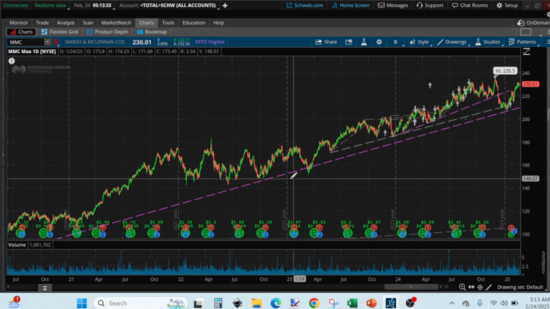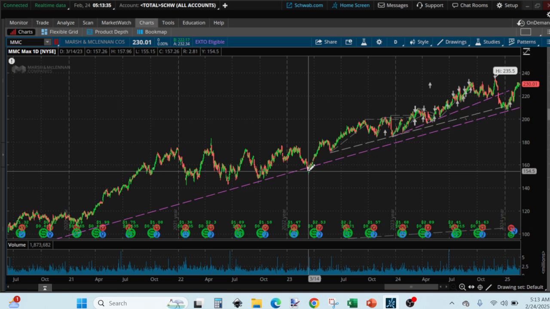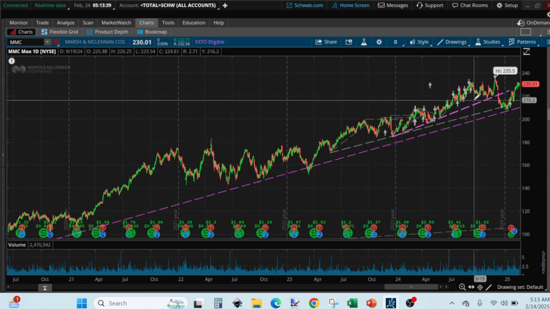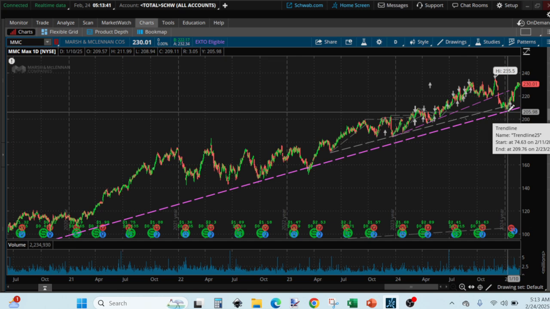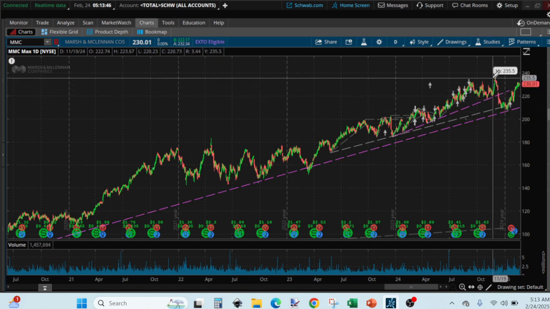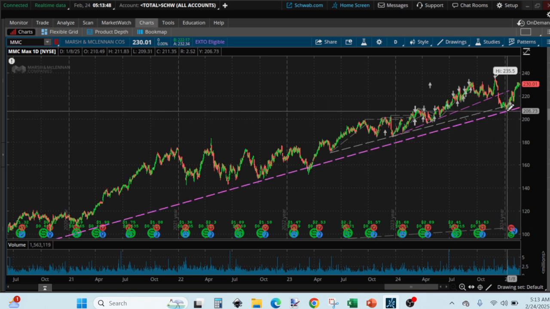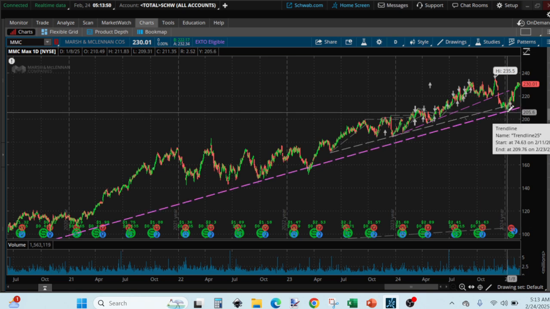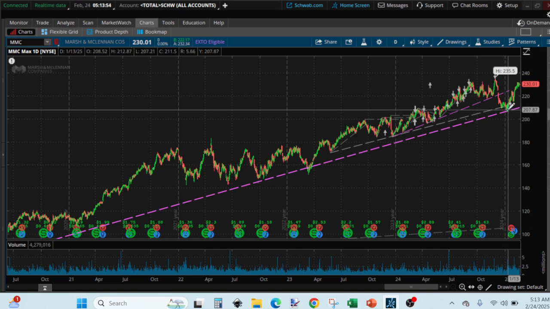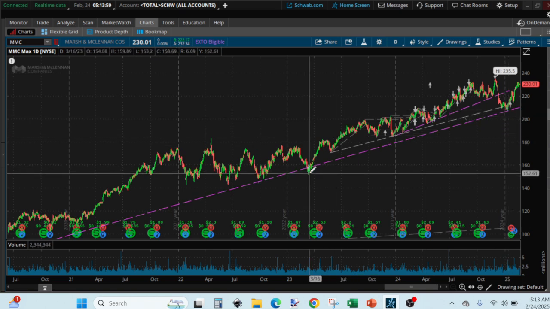Even so, when you buy it here, it's like 154, and at this area it's 205. Even if you don't get out on time and it comes back to this trend line, you'll still have a profit in it, because this area is higher than this area.